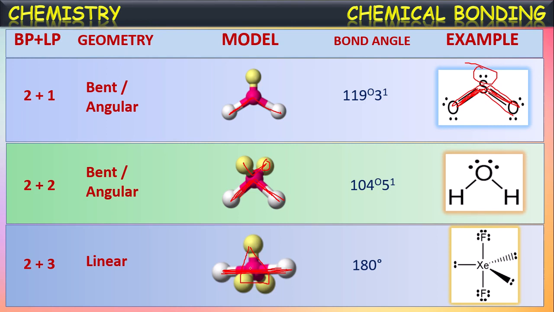In the xenon difluoride molecule, xenon has two bond pairs and three lone pairs of electrons. See here, three lone pairs acquired a planar geometry in the same plane along with the central atom. One bond is above the plane, another bond is below the plane. Now these two are in the linear geometry with the central atom.